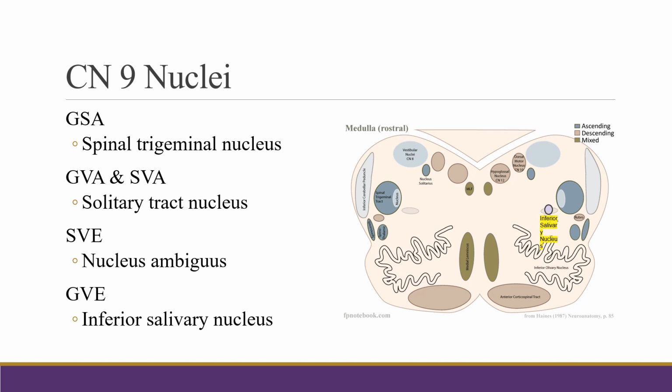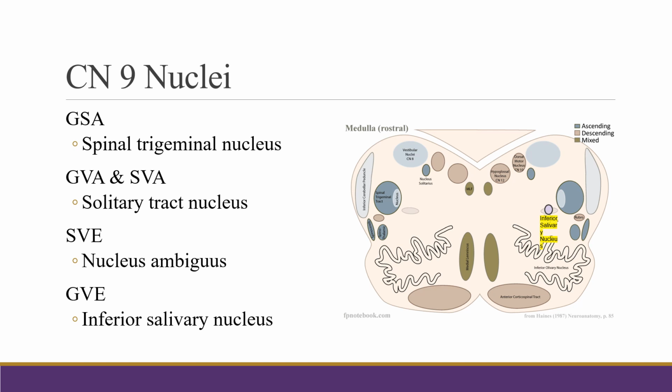Cranial nerve 9 nuclei: this is going to be GSA, GVA, SVA, SVE, GVE. GSA, spinal trigeminal nucleus. Remember, trigeminal is kind of all over the place, so it's more like a tract here. GVA and SVA, solitary. And then SVE, nucleus ambiguus. Remember, ambiguus is 9 and 10.